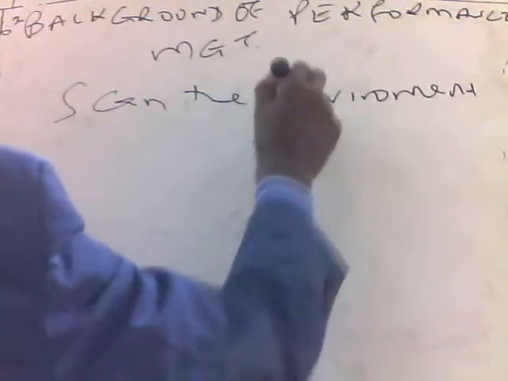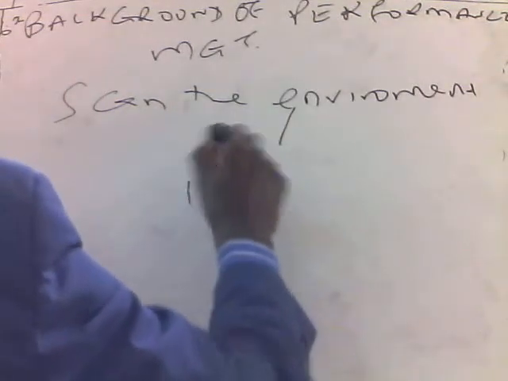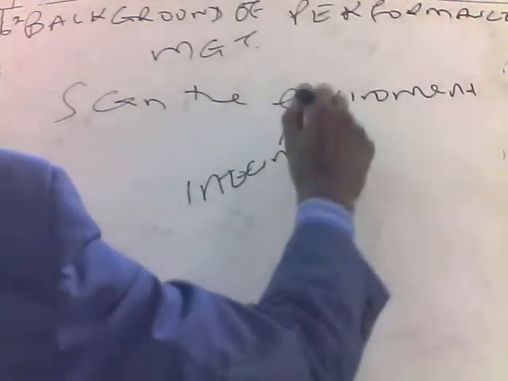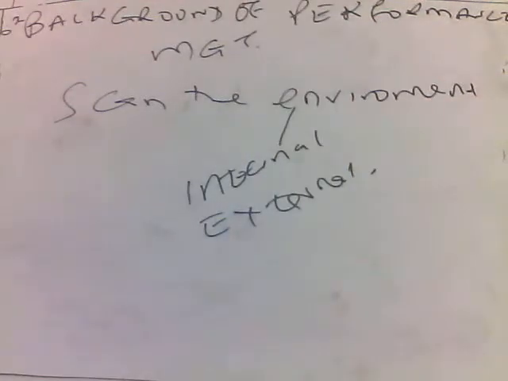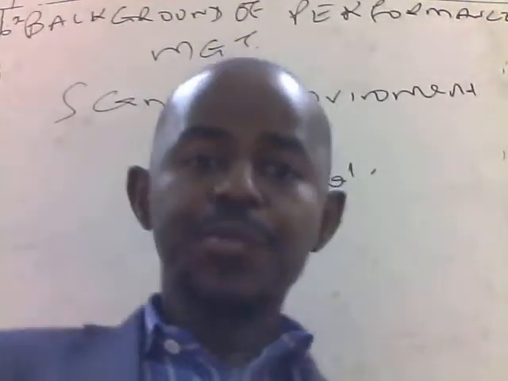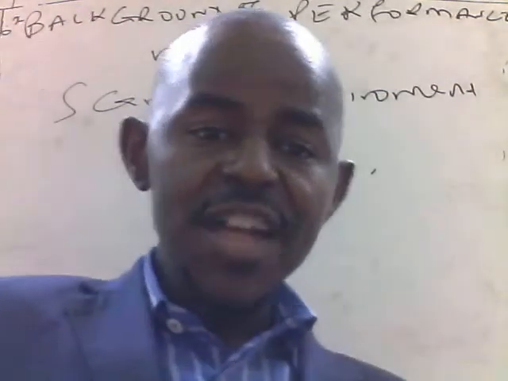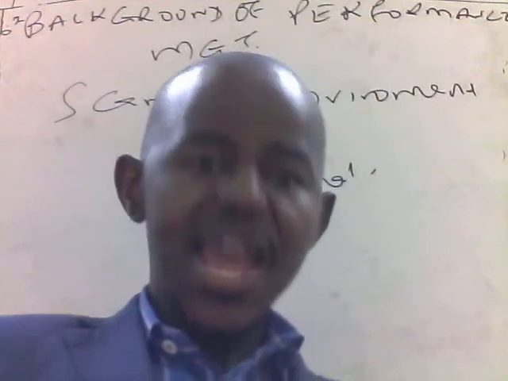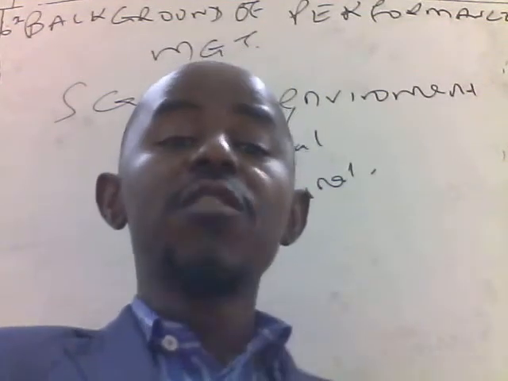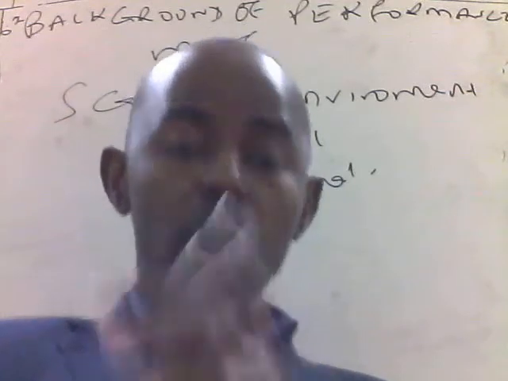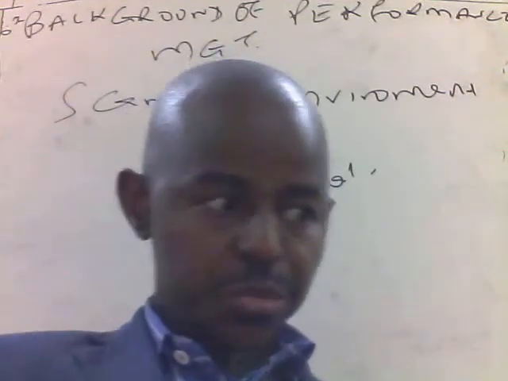And when you're talking about environment, we have internal and external. So the employee sits with the supervisor, they scan the environment, and then they agree on the targets of the work to be achieved.